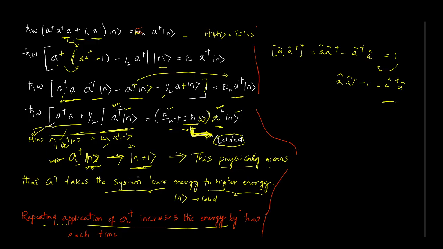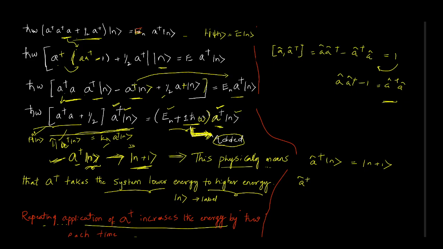So this physically means that A† takes the system from lower energy to higher energy. Repeated application of A† increases the energy by ħω each time. As we just saw, A† applied on any state ket n increases the state by 1 unit, that is n plus 1.